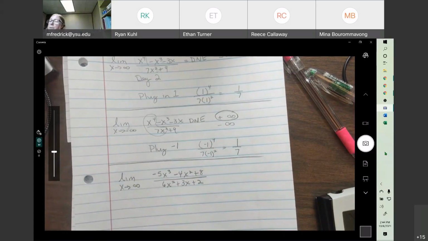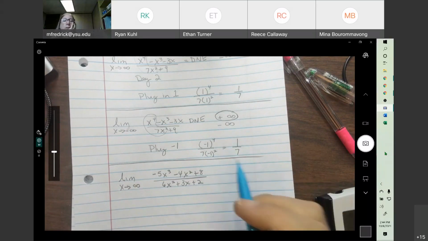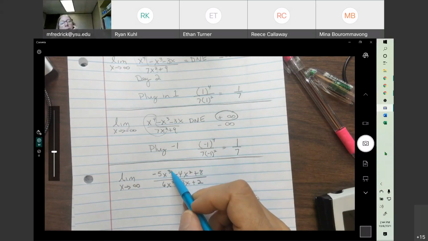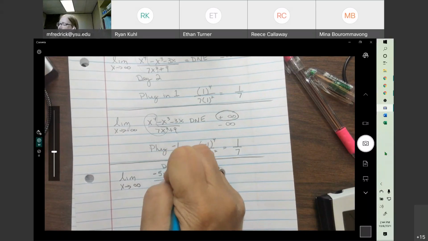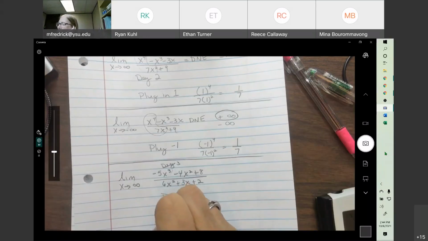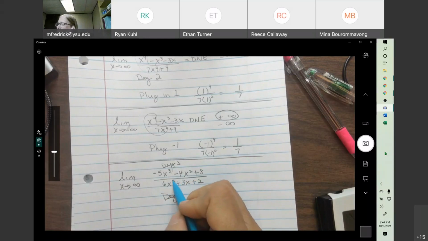So again, the first thing we do is look at the degree. The degree on the top is 3. And the degree on the bottom is 2. Comes from your largest exponent.